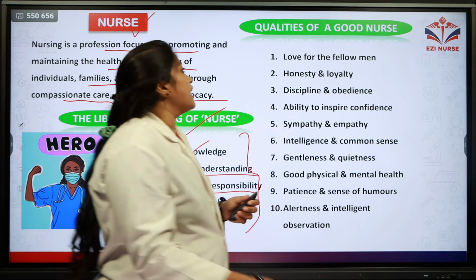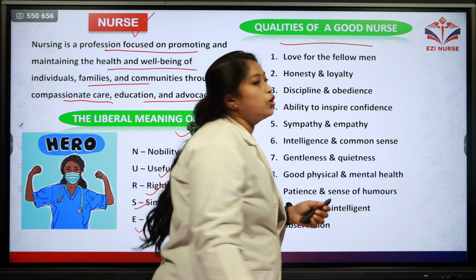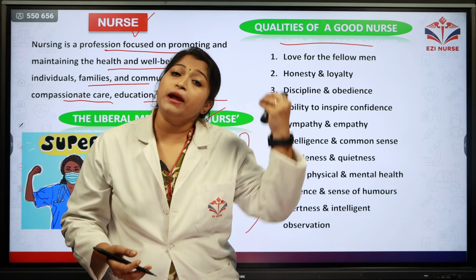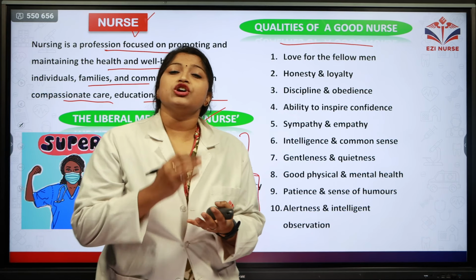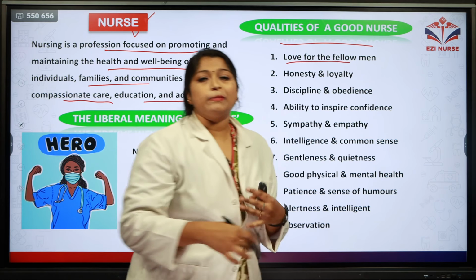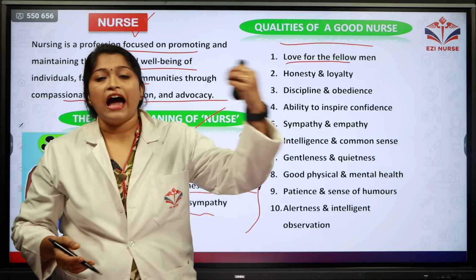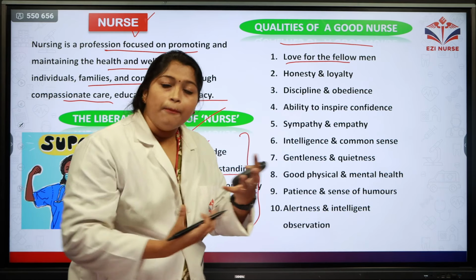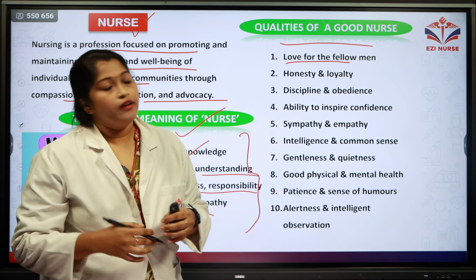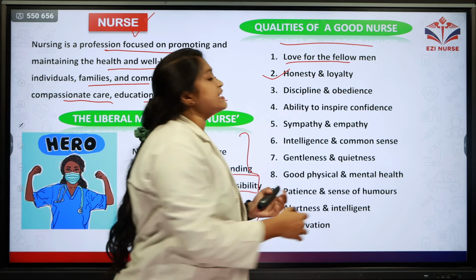So let's see what are the important qualities of a good nurse. This is very important. What are the different important qualities a nurse should have? Firstly, love for fellow men, the people who are working with you. You should have a compassionate feeling towards them. The next quality is honesty and loyalty.